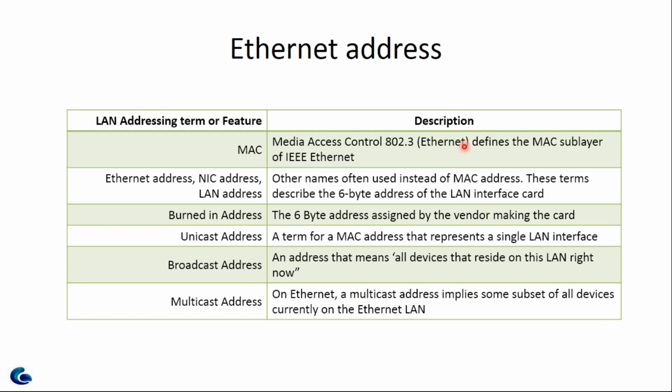Now the address range can be anything, right, from all zeros to all ones, which in hexadecimal is all Fs. If the MAC address is representing a single user, then it is called a unicast address. Very simple to understand. We discussed this in our fundamentals, right? But if it is a broadcast address, it is meant for everyone. Normally, what is a broadcast address? All ones.